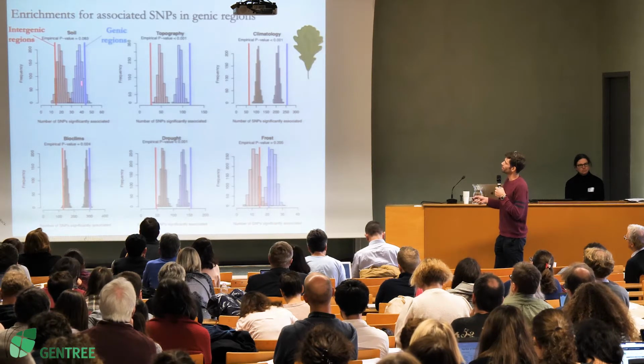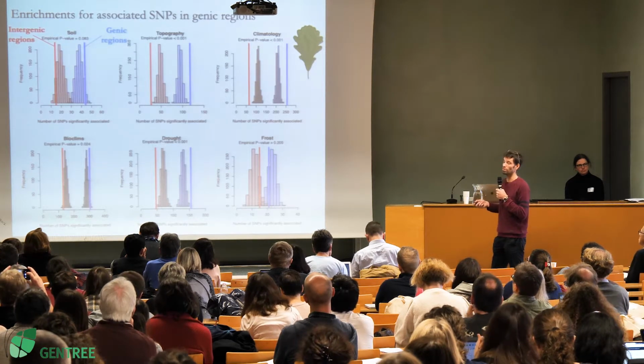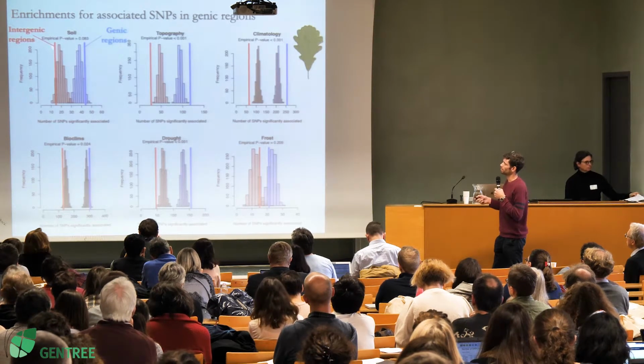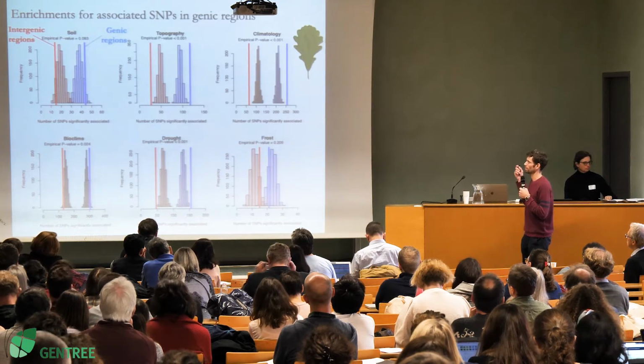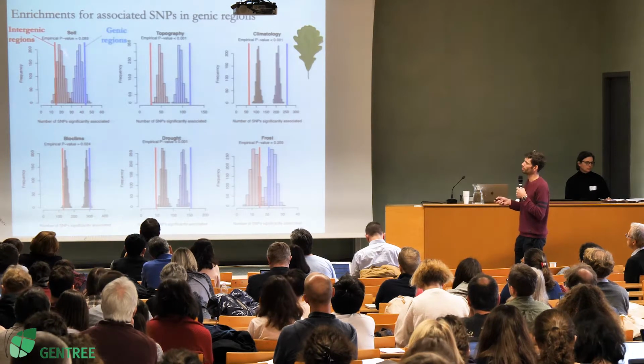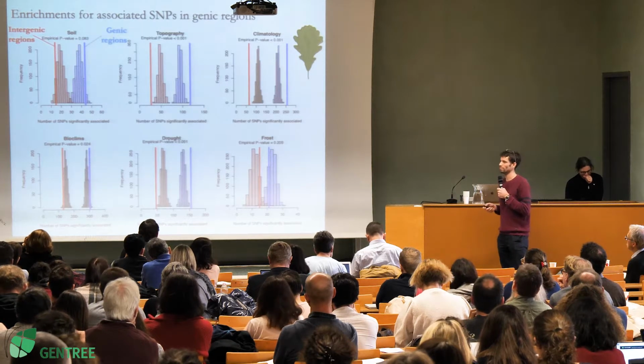The blue line here represents the number of SNPs that are significantly associated with one of the two soil variables, and the red lines are the SNPs that are in the intergenic regions. In the background, you have an empirical distribution of randomly resampled SNPs in the full data set. From this, we can calculate an empirical p-value to know if we have a significant deviation from what is expected randomly. So for soil and frost, we have no significant deviation.